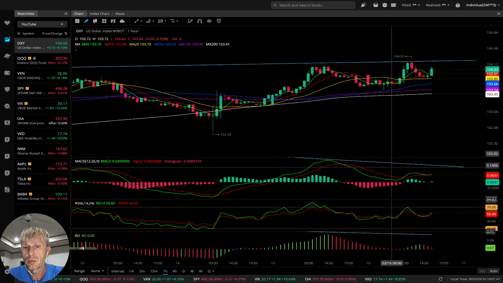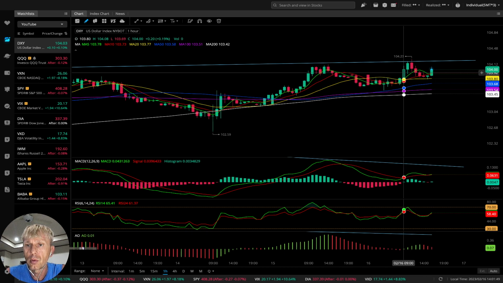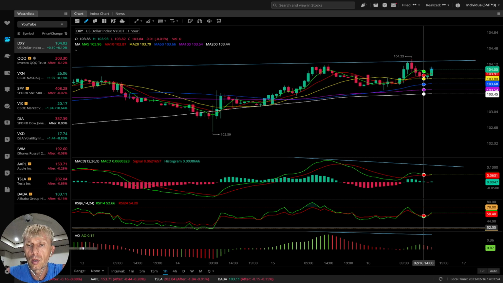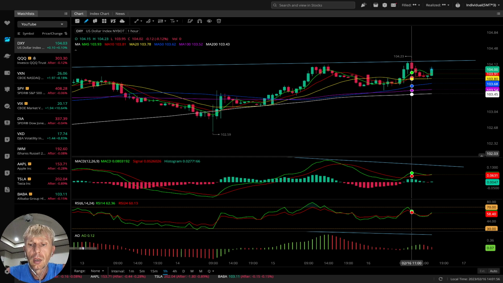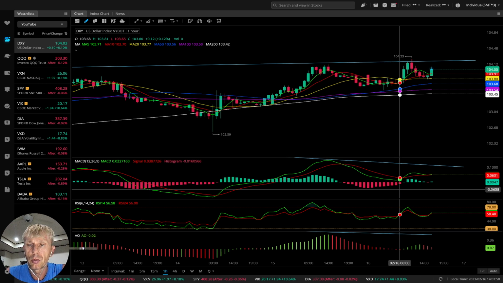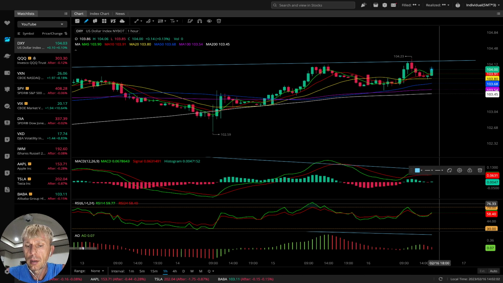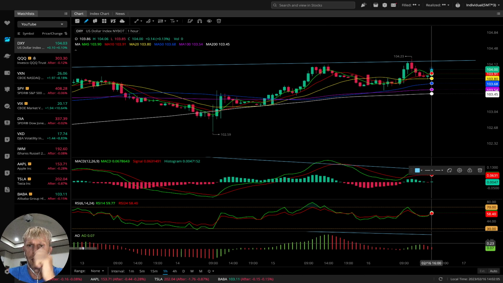On 1 hour it has bearish divergences, and it looks like it wants to move bullish, but it has bearish divergences on all indicators: MACD, RSI, and also the oscillator.